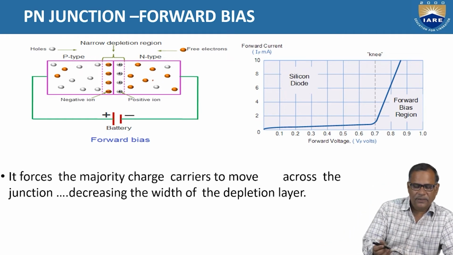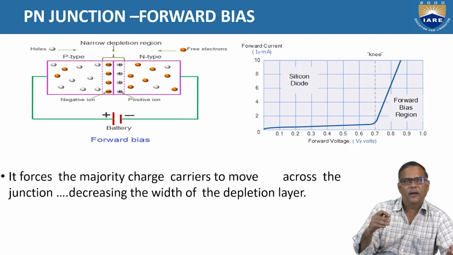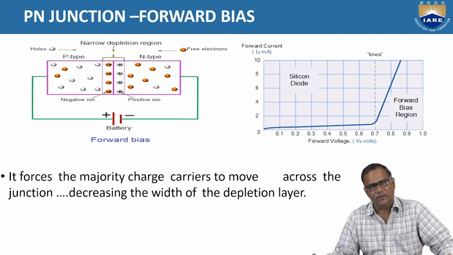Or you can say one thing. Initially, after the junction is formed, the barrier potential develops at the junction. On the P side we have negative ions, and on the N side we have positive ions.